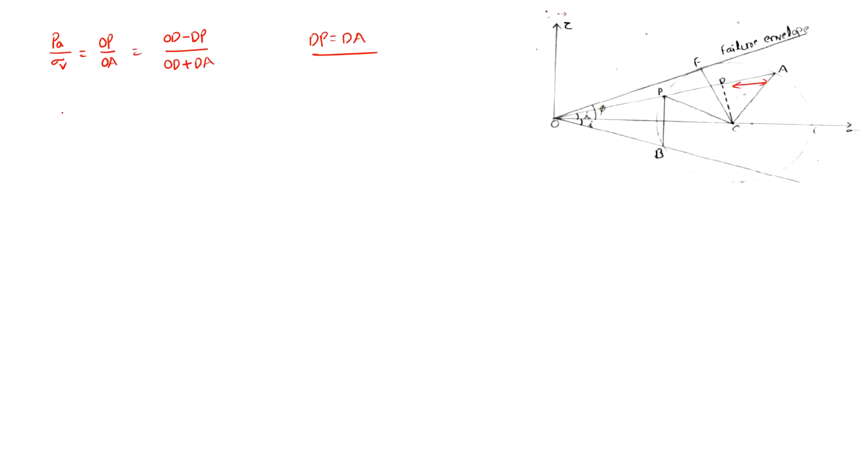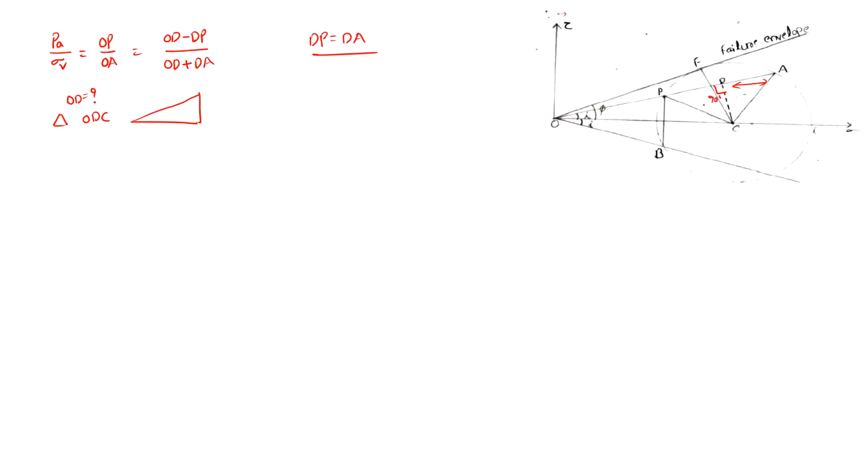For that I'm considering a triangle. Now I'm calculating the OD value. From triangle ODC, here OC is the hypotenuse, because the angle between OD and DC is 90 degrees. So the hypotenuse is OC, having angle i here.